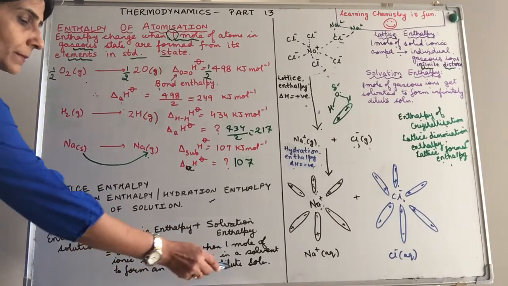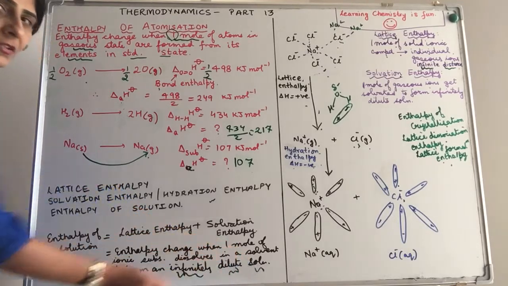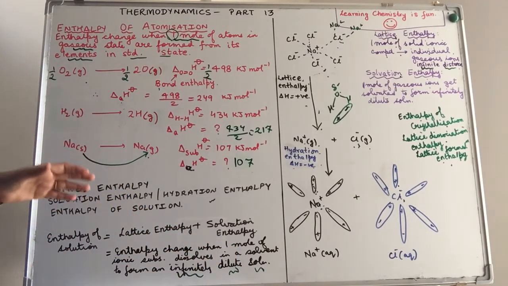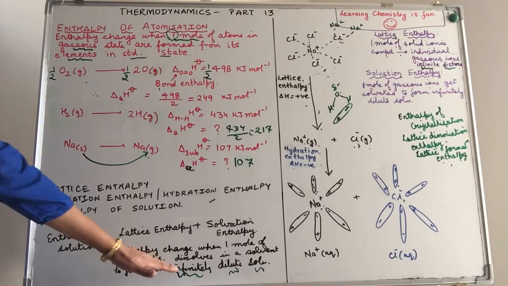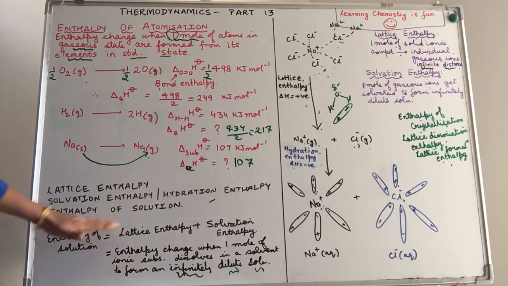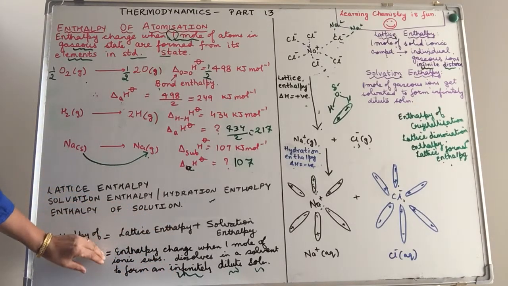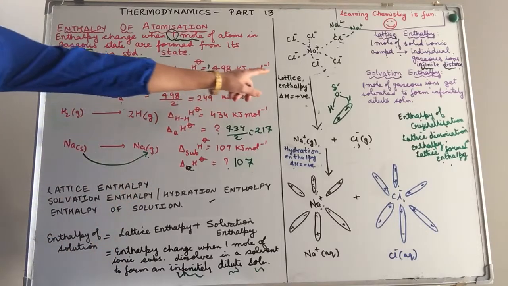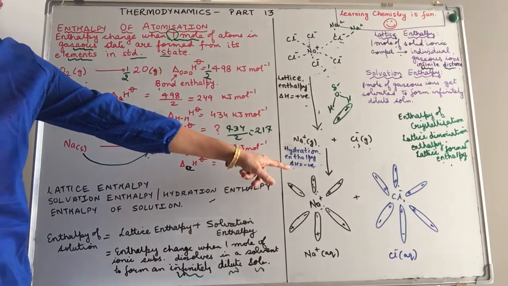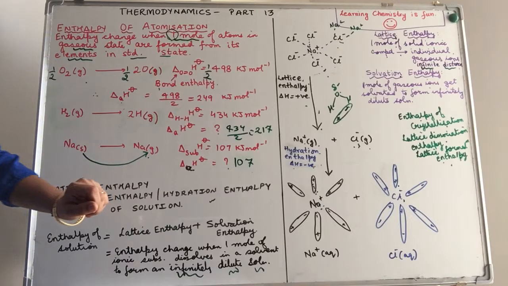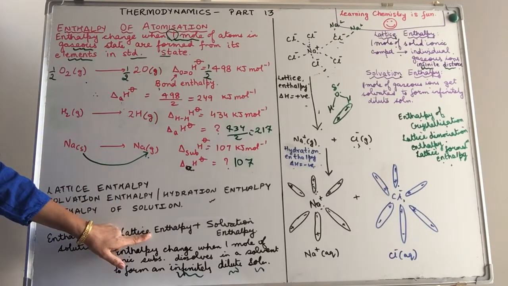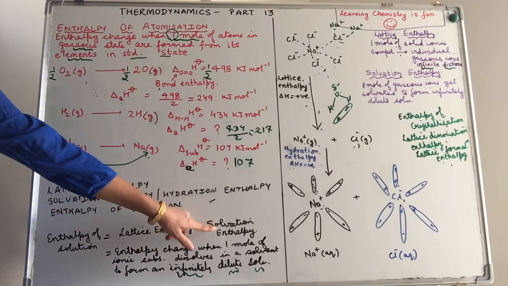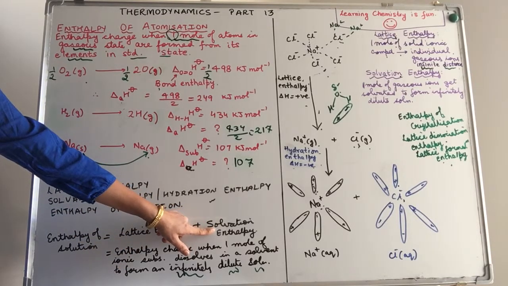Why are we talking about an infinitely dilute solution? It means that when more water is added to it, there is no change in enthalpy. That is the stage we have to bring this solution to. Now this enthalpy of solution involves two enthalpies, the lattice enthalpy and the hydration enthalpy. Hence, our enthalpy of solution is nothing but the culmination of lattice enthalpy and solvation enthalpy.